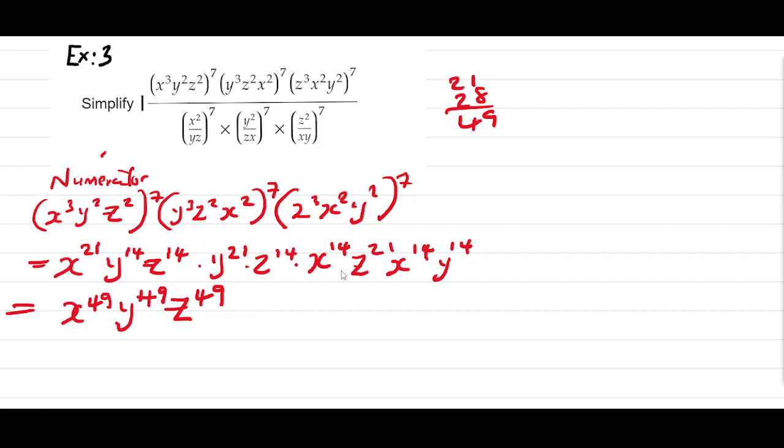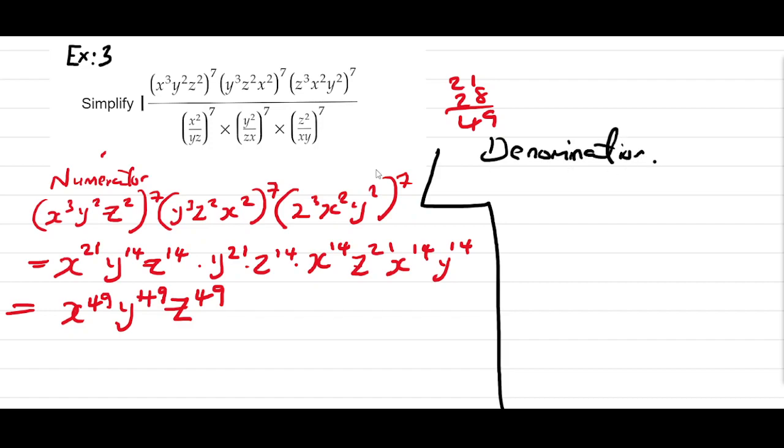So what's next is that we are going to evaluate the denominator. So the denominator part here, as x is multiplying, 2 will multiply x to get x to the 14 here.